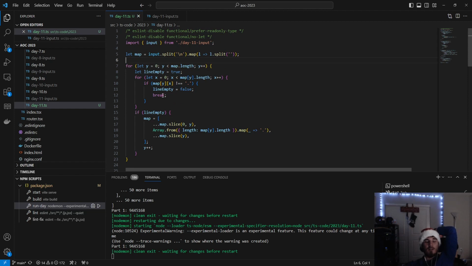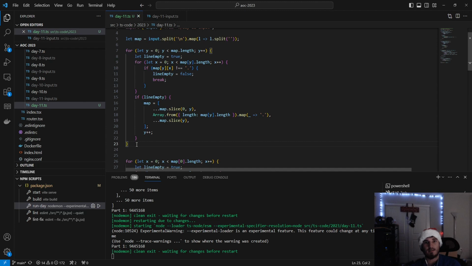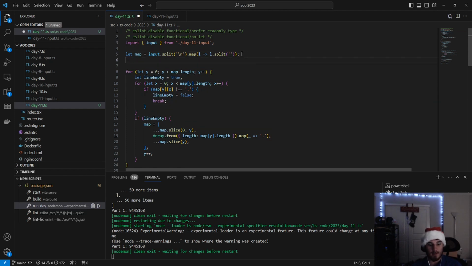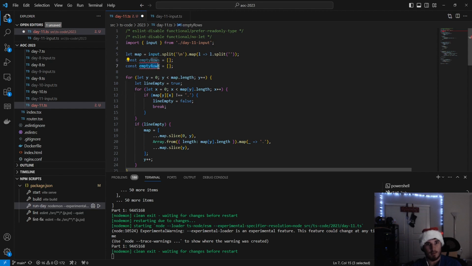So obviously this doesn't work. So what we need to do is screw this. Oh, we actually don't want to have it. What we need is empty columns.